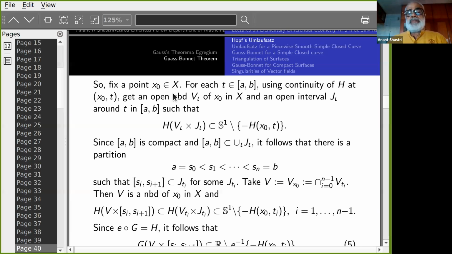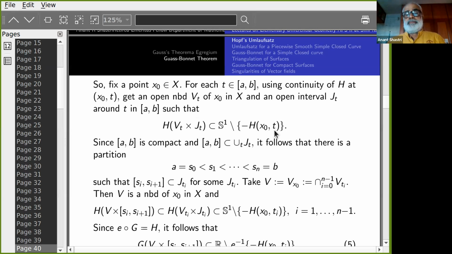Fix some point x naught belonging to X. For each t belonging to [a,b], using continuity of h, which is continuous from X cross I to X cross [0,1] to S^1, at the point (x naught, t) you get a neighborhood V_t of x naught in X and an interval J_t around t inside [a,b] such that h of V_t cross J_t goes inside this neighborhood of h of x naught, t.